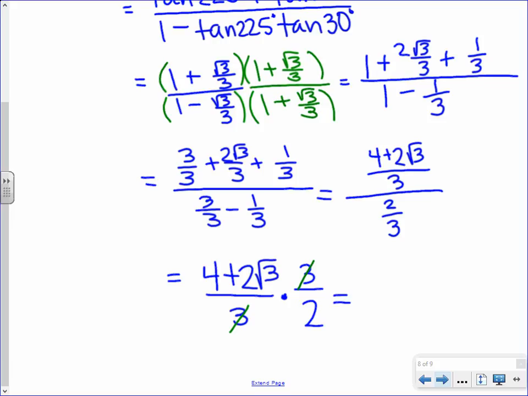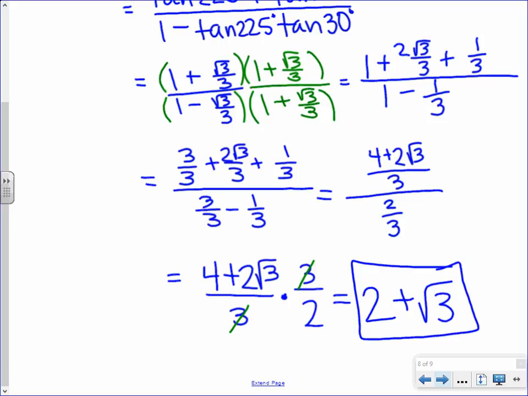The 3's are going to cancel. What's 4 divided by 2? And what's 2 radical 3 divided by 2? Here's our exact value.